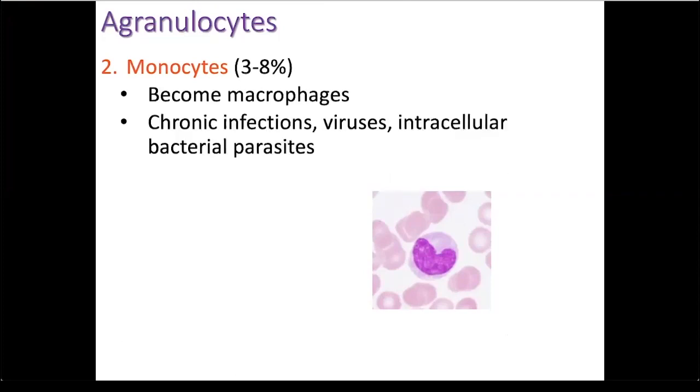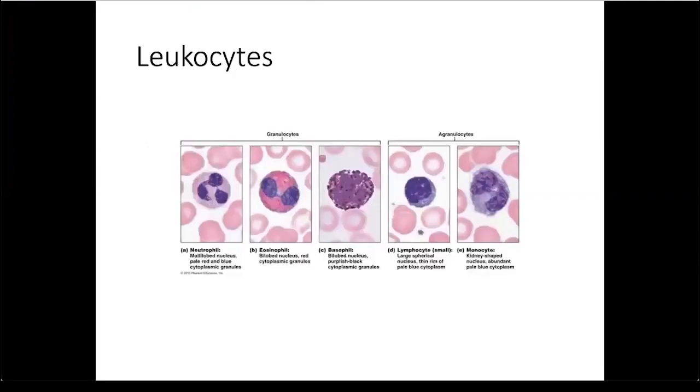Macrophages are phagocytic cells, and their numbers are elevated when you have a chronic infection, a viral infection, or intracellular bacterial parasites. These are bacteria that live within the cell. Examples of these types of infections would be mononucleosis as well as TB. Their nucleus is shaped like a kidney or U-shaped.